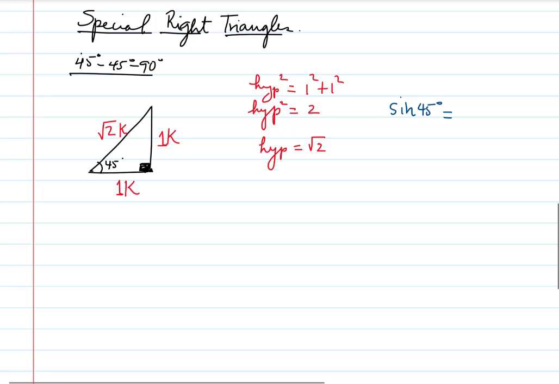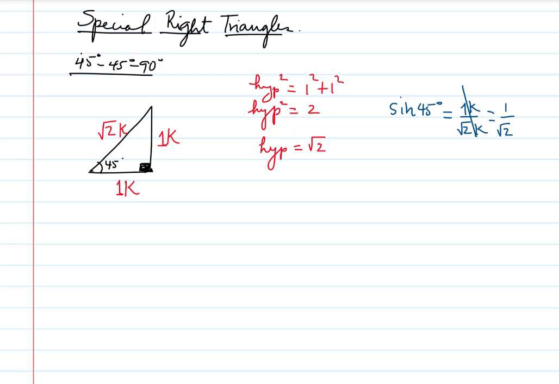So we're going to have 1k over the square root of 2 k. Now notice how the k's go away. So this ends up being 1 over the square root of 2. That's why I said the k's will cancel out, because all the trig functions are just ratios, indicating proportions of this triangle.